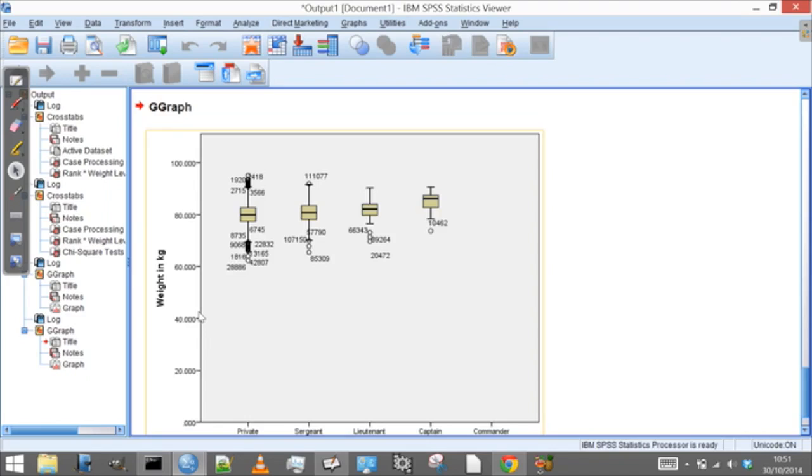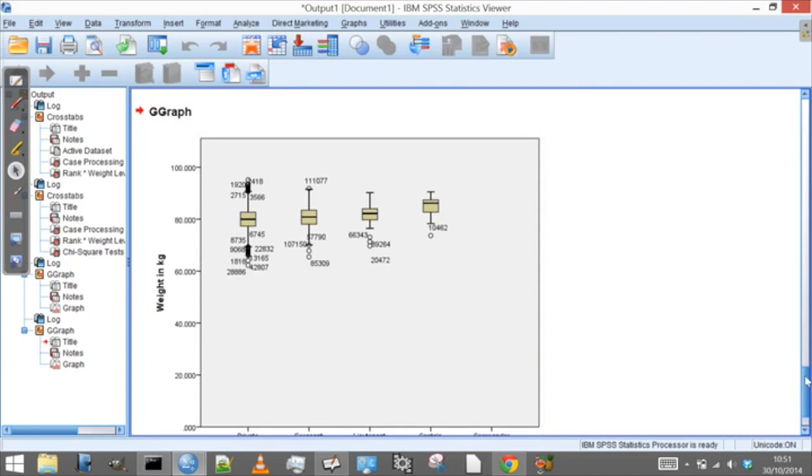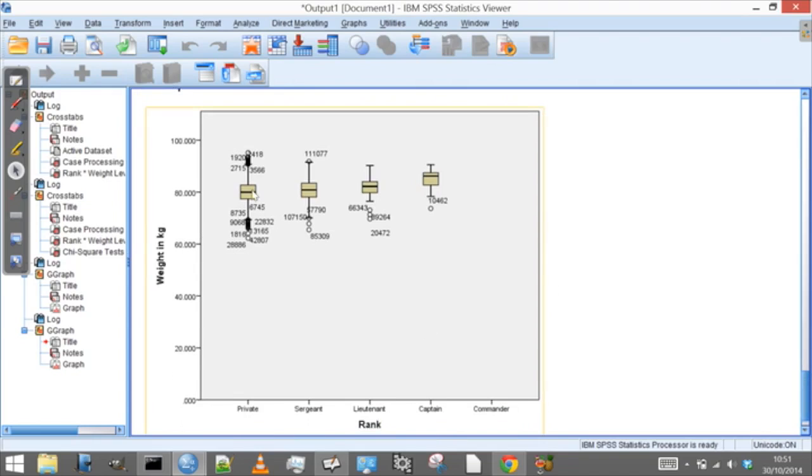It's useful with low sample numbers. And so we've got the weight, and in each of these ranks, we have the median weight, the mid-value weight. So you sort all of the weights in those categories and pick the middle one, and it's drawn a line where that is.